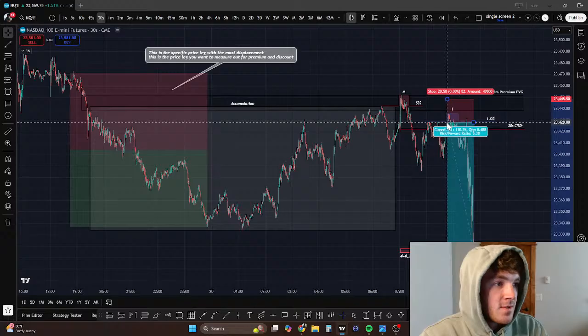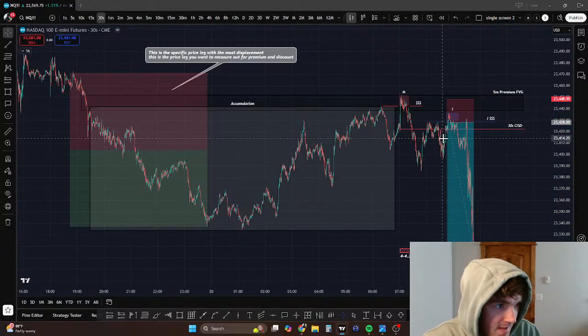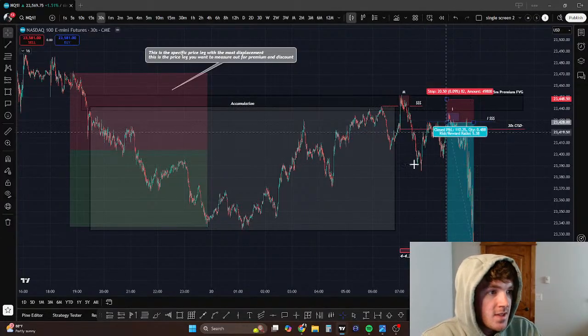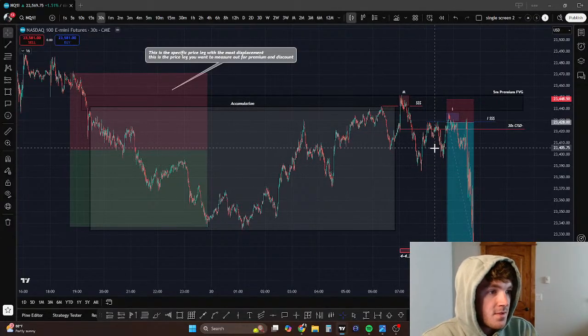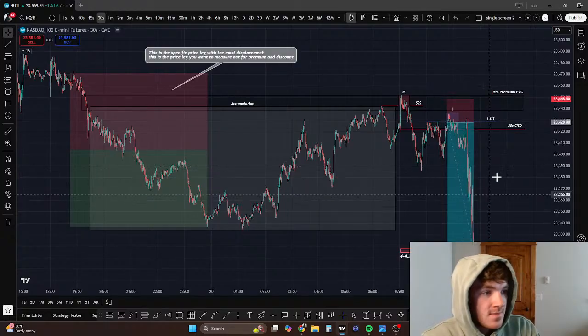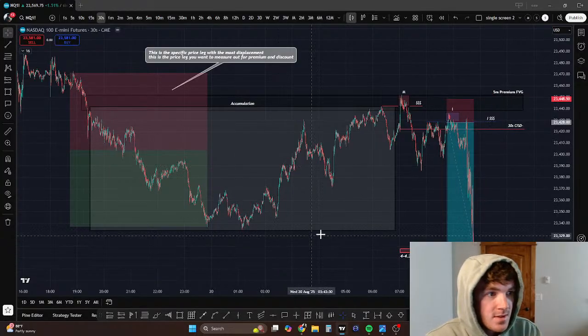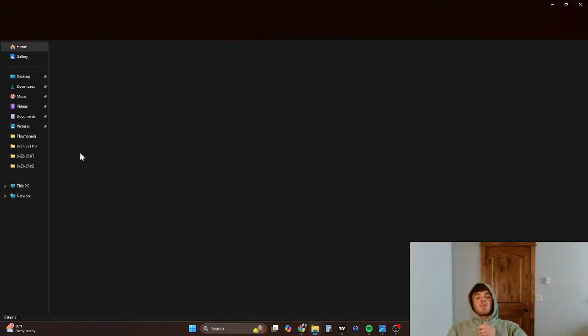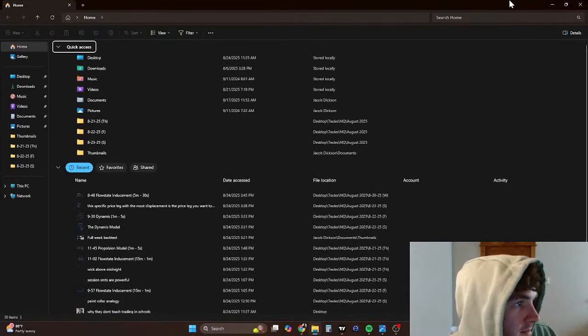I'm basically being a little more patient and entering on an inducement of old highs, still within the context of this model, and then yeah, we go straight down. So I call that flow state inducement.